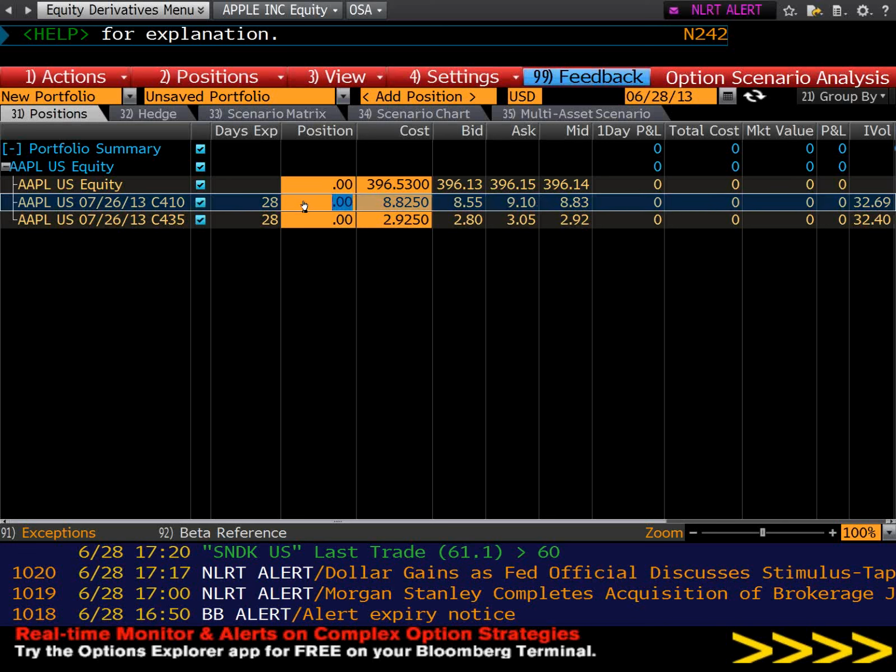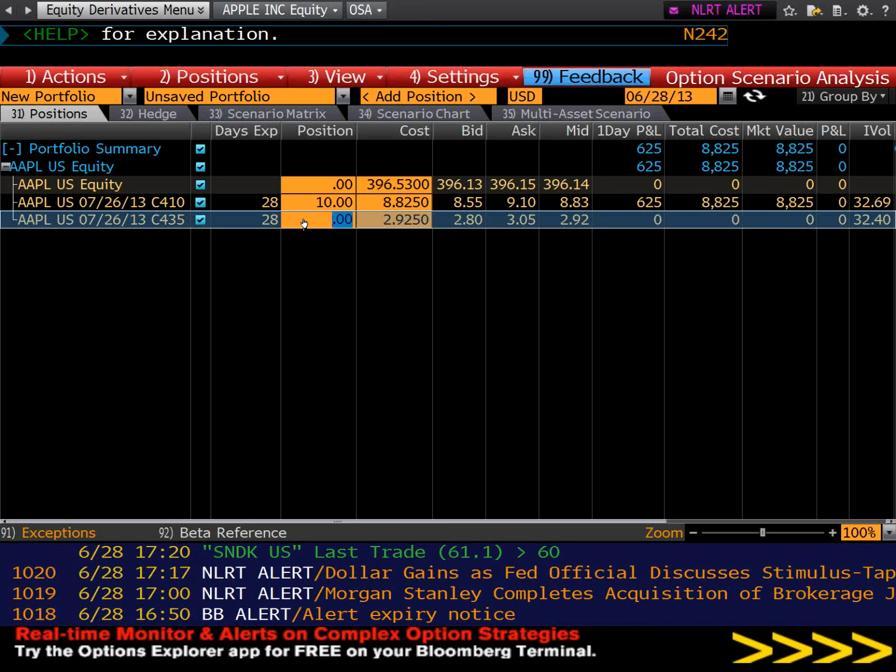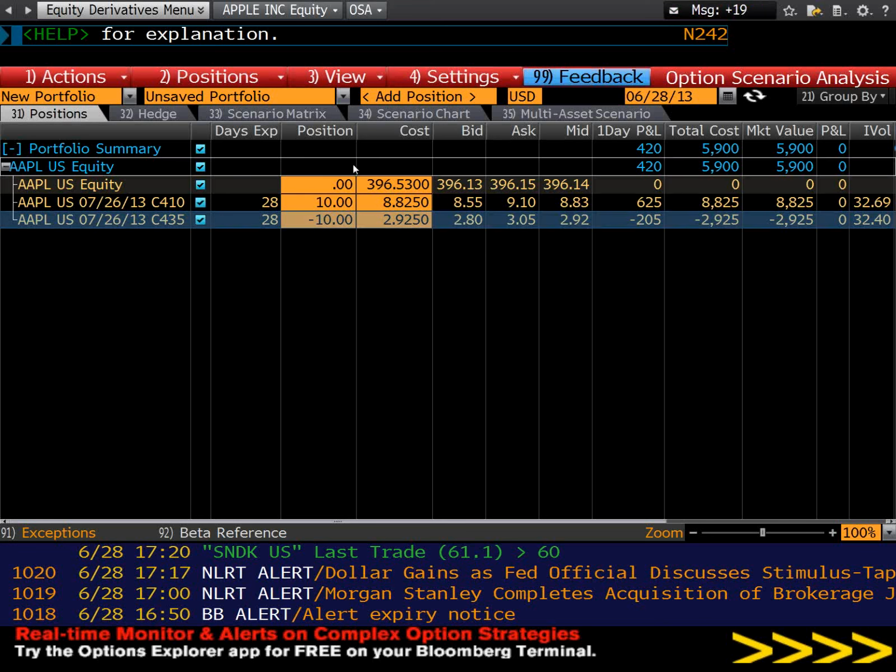Okay, let's assume we have a straight spread. So you are either short contracts, or you just want a long position and you want to hedge it, or you just want a straight long position. You buy 10 of the 410s and you sell 10 of the 435s. That captures the range that you're interested in, because your analysis says this is where the stock is going to end.